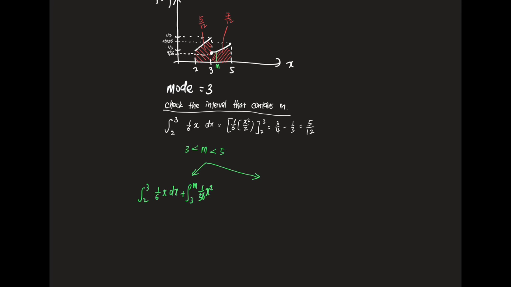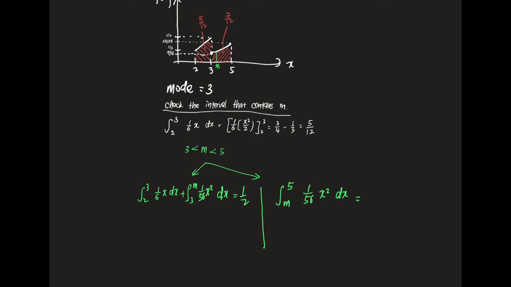Then you have to solve and find median. Okay, compare first. If you are using right hand side of median to find the area, median to 5, right hand side only one function, which is 1 over 56 x squared dx equal to half. So I prefer the right hand side one.